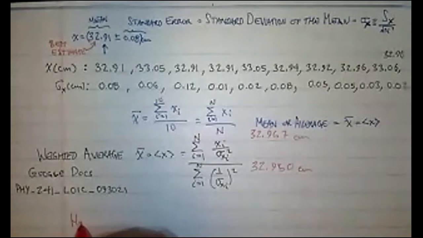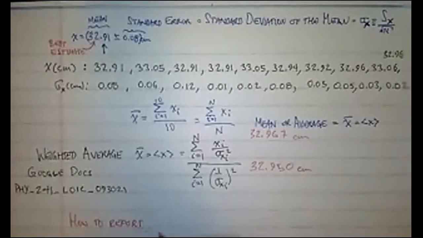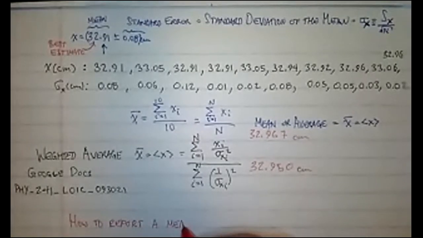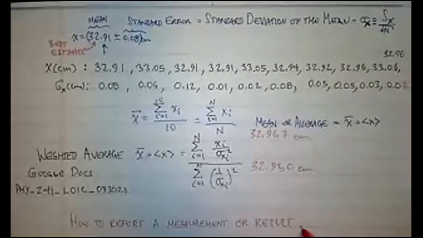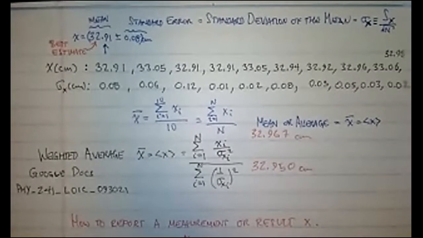So how to report a measurement or result, X. Well, what you do is you write X is equal to the average, which I'm going to put in quotation marks because you've got to remember, sometimes it's better to use the weighted average, or if you can use a weighted average, then you should.